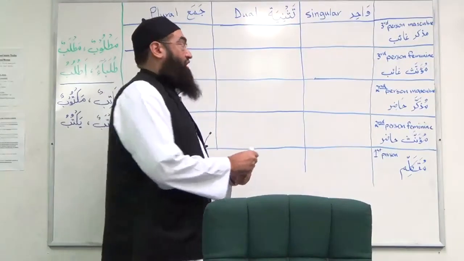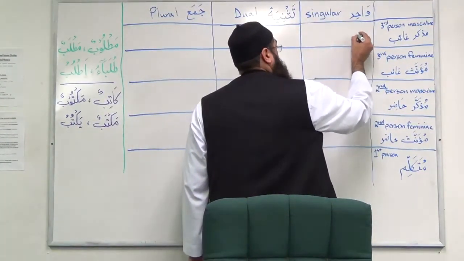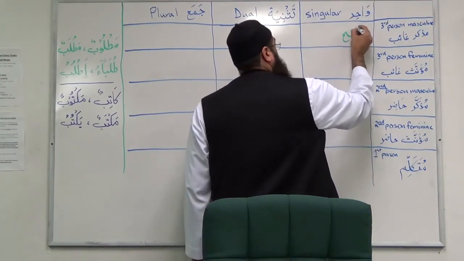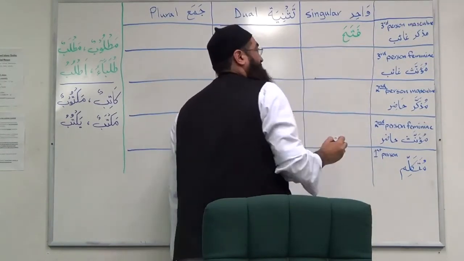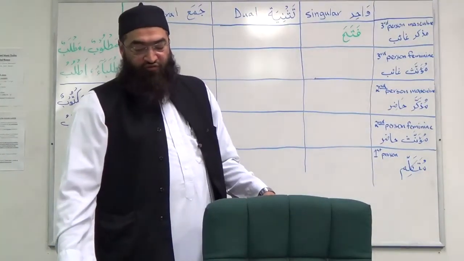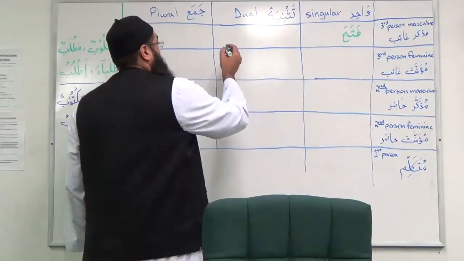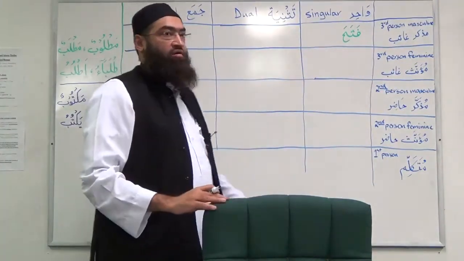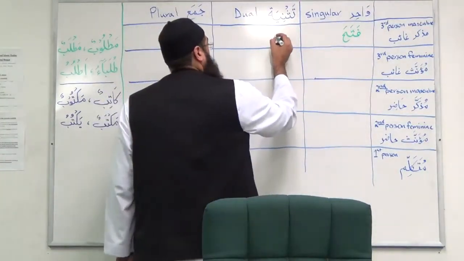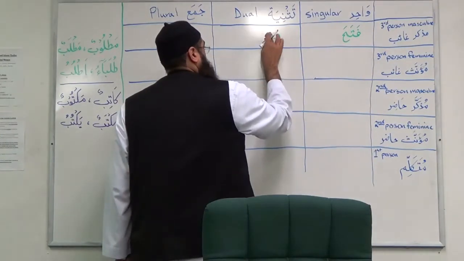So, first one, word from al-fathu, we're not adding anything except for a fatha, and a fatha. Fataha. So you can write that next to fa'ala. All right. In the dual, we're going to add what letter? Everybody, what letter? Alif. We're going to add an alif.